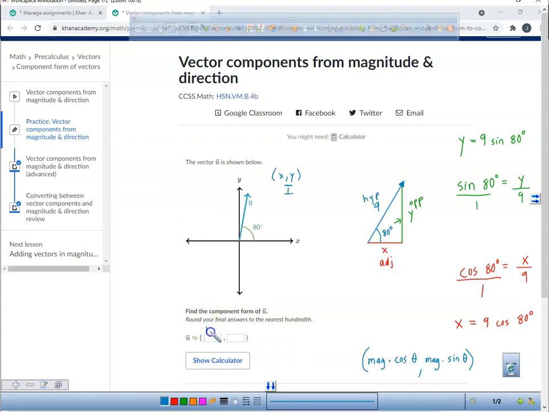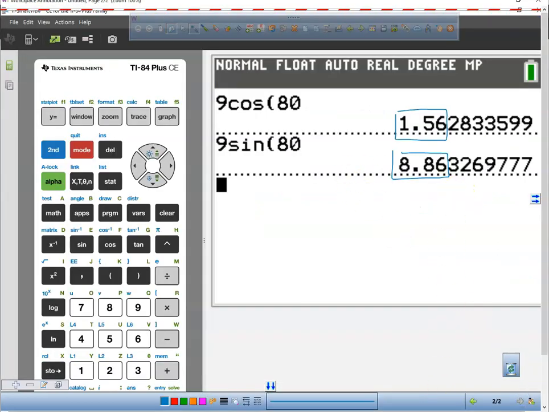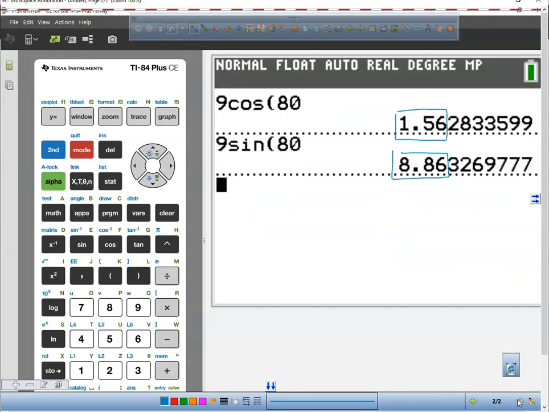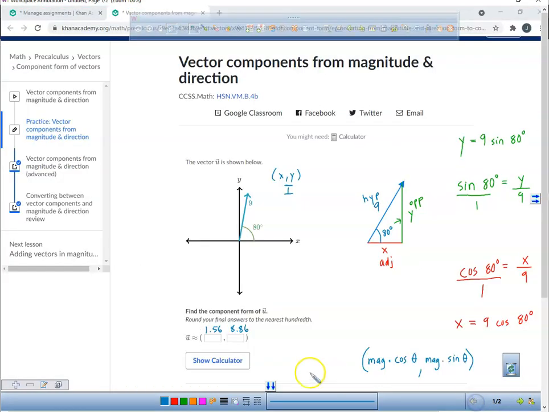So here I'm going to put 1.56 because it says rounded to the nearest hundredth. And here it says 8.86. So I'm going to round that to the nearest hundredth. And if I miss one, it's probably because I forgot to round it correctly. So I think I got those rounded. So I'm going to type in a 1.56 and an 8.86.